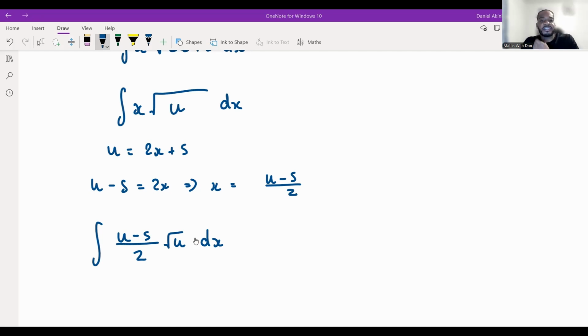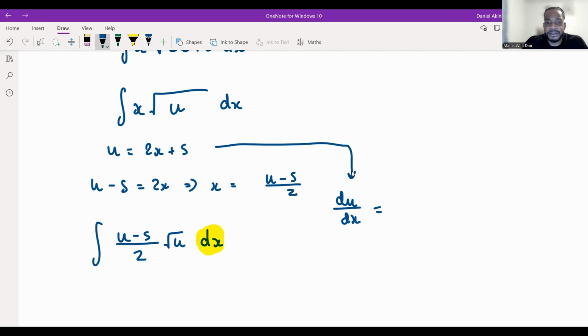Yeah, good stuff. And then now, the problem is that this dx here. Now, the way you get rid of this dx here is by differentiating, right? How can I get an expression for dx? You're going to differentiate this. So du over dx will equal, because somebody tell me what du over dx is? Thank you very much, Keishan.